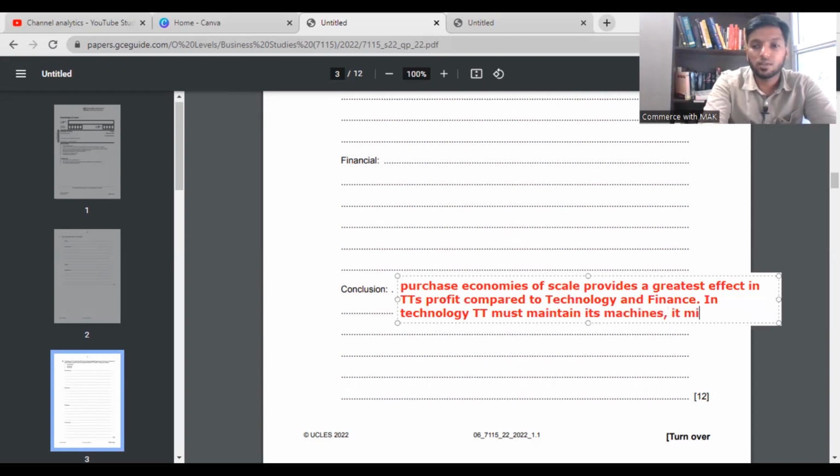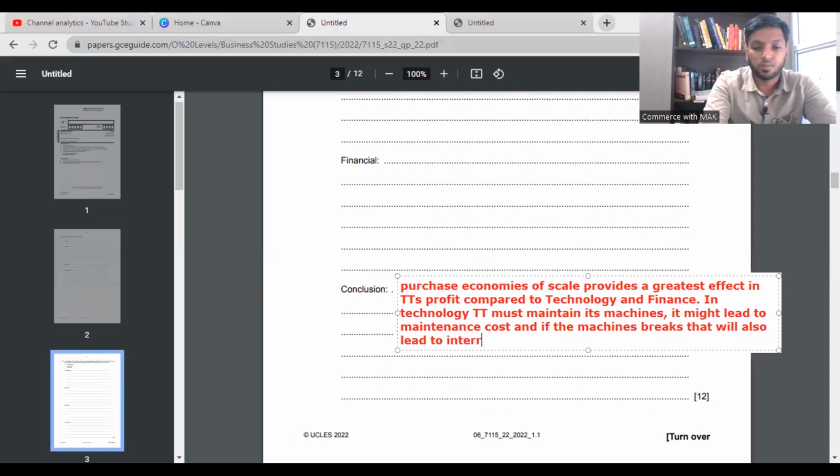It might lead to maintenance cost, and if the machines break, that will also lead to interruption.